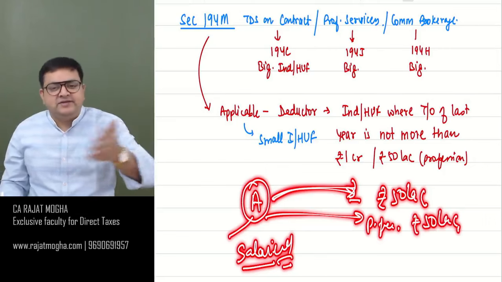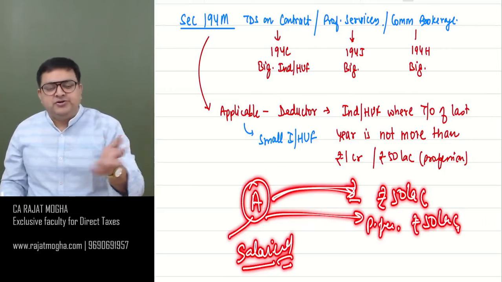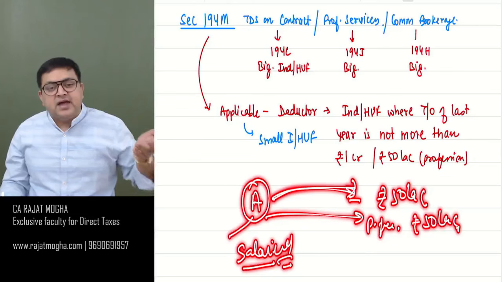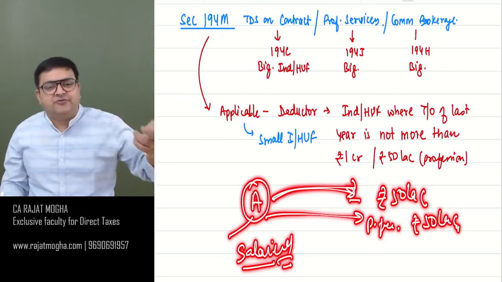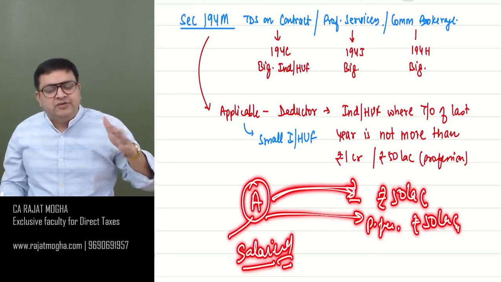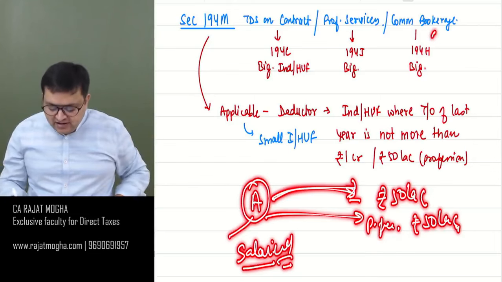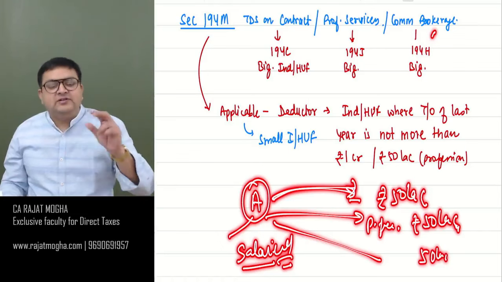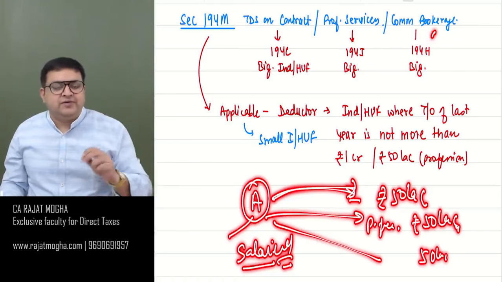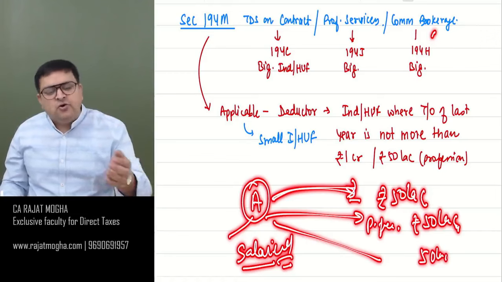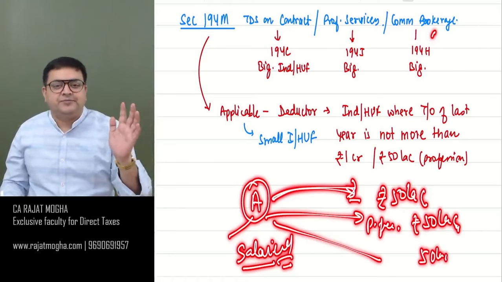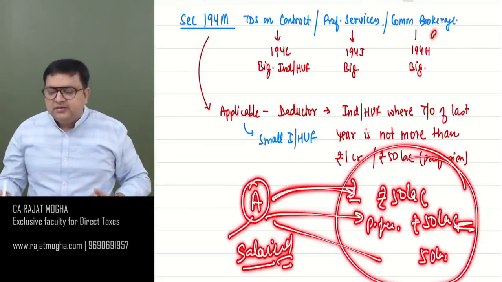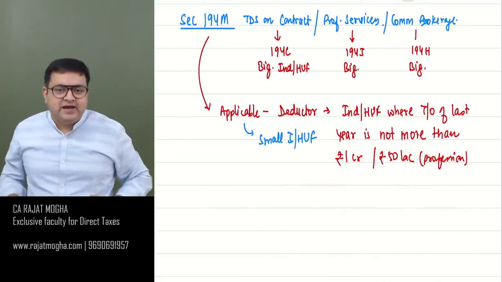Let's say for a lawyer, let's say he has some issues with his brother, with his wife, with any family member, and he is giving to a lawyer such professional fees more than 50 lakh. Or he is giving a commission or a brokerage of more than 50 lakh. Although this person is a small individual or HUF, either his turnover is less or he even doesn't have a turnover. But the type of transaction which he is entering, it is more than 50 lakh.